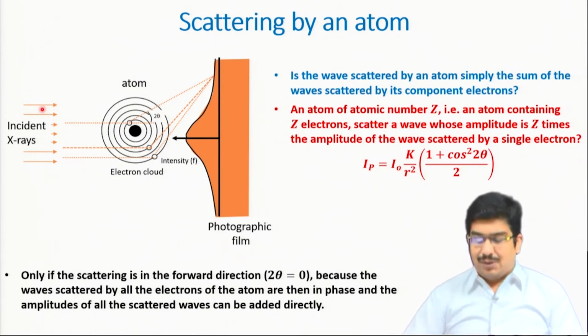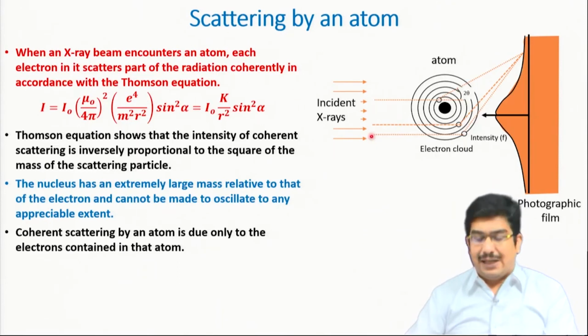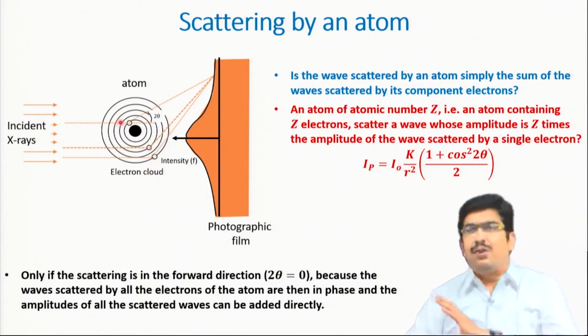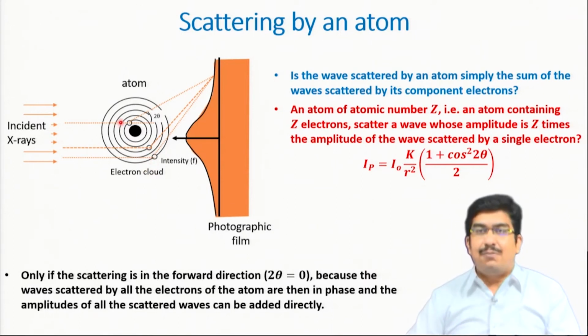Now the question comes: we already said that there are many electrons within one single atom. Here you can see 3 electrons, but we know that many electrons are there, and the number of electrons is of course related to the atomic number Z. Fine.